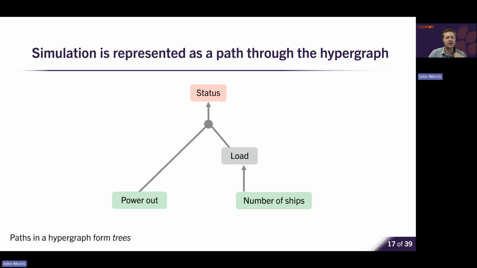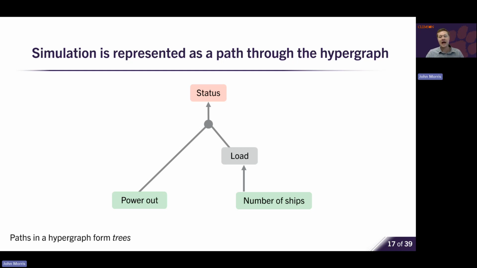With these trees, all the leaves of our hypergraph are the inputs. These are things that we know. I know the power out and I know the number of ships. The root of our tree is the output. That's the thing that I want to know. And the functions combined together pass information from the known values up and up and up through the graph until you arrive at the status, with the quality constraints that give you the artificial observation of that desired node.